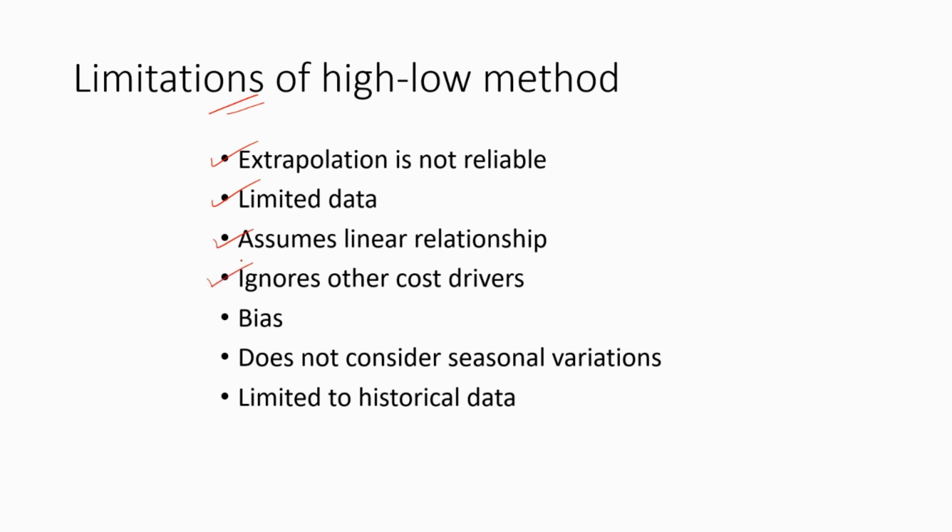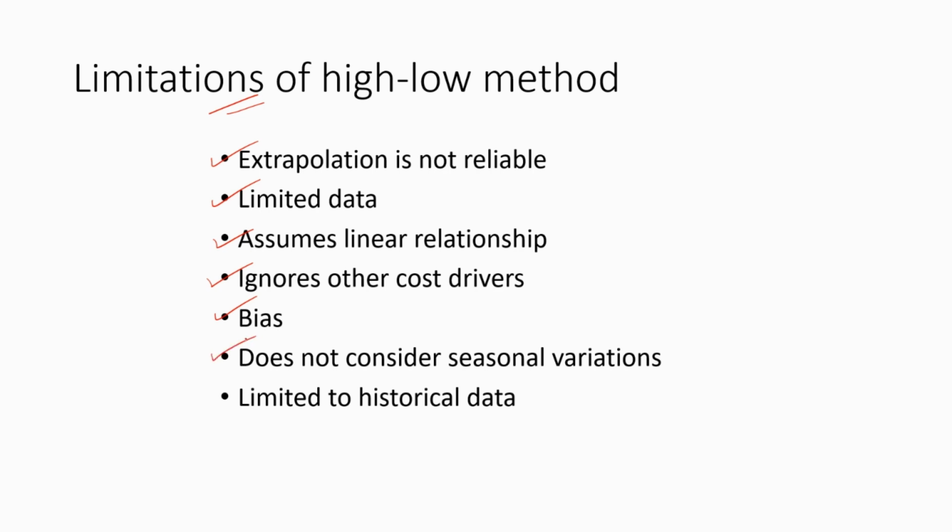Ignores other cost drivers. The high-low method only considers one cost driver, which may not capture all of the factors that affect costs. For example, the method may not account for changes in technology, production methods, or quality. Bias. The high-low method may produce biased results if the data points used are not representative or if there are outliers that skew the analysis.